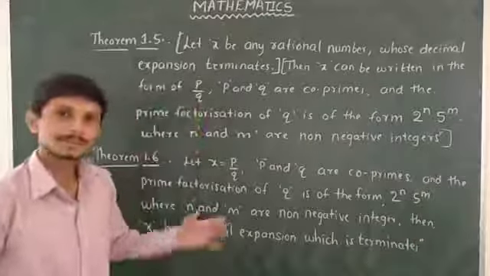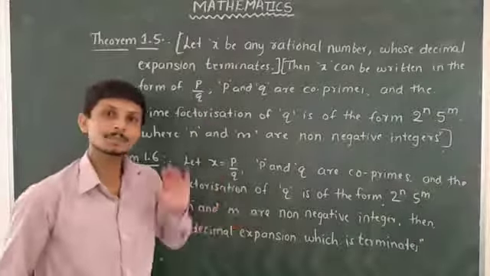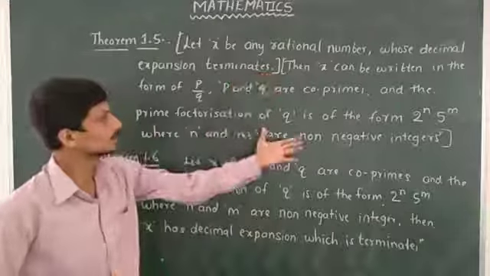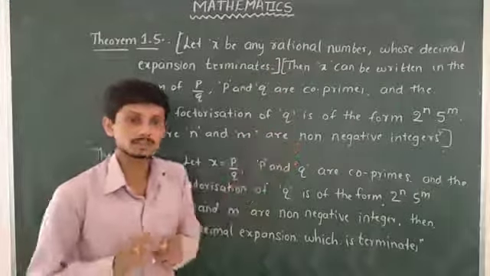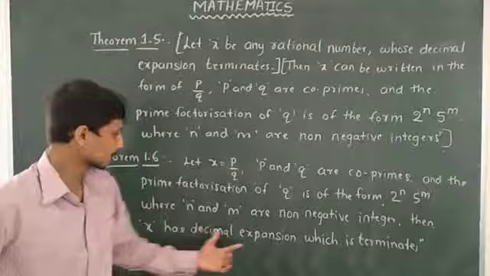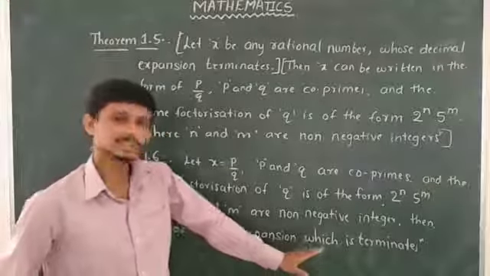Yes, so simply we can write the inverse of theorem 1.5, just bifurcating theorem 1.5 into two parts. Here I will write the second part as: x has a decimal expansion which terminates.